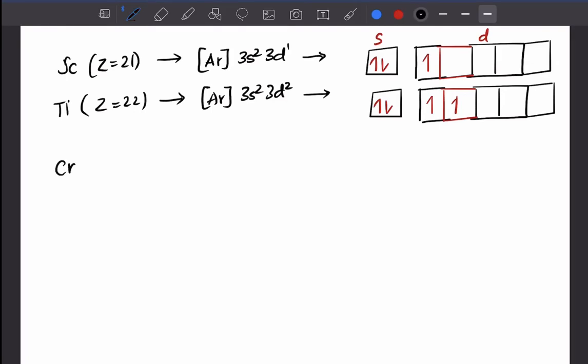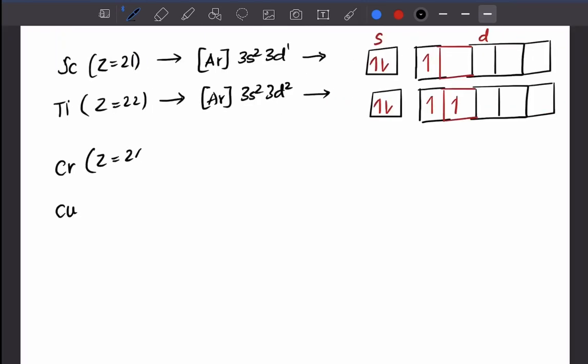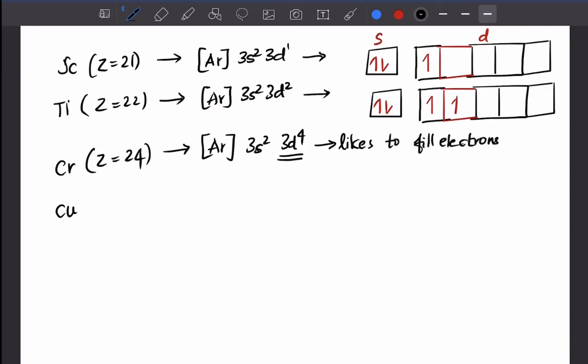One is chromium and the other is copper. Chromium has an atomic number of 24. So when you write the electronic configuration, it would generally be 3s2, 3d4. But the problem is that d likes to fill electrons before s, especially if it is close to half filled.